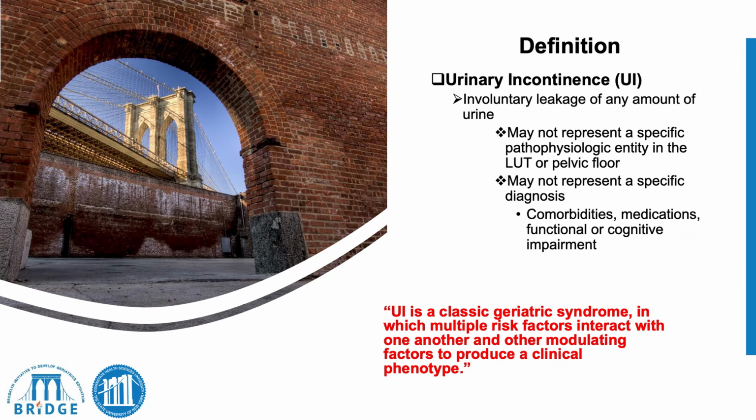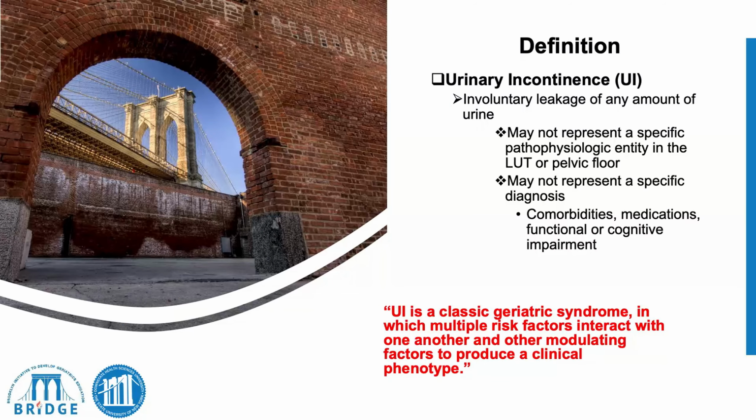Compare this to urinary incontinence in a younger adult. In a younger adult, urinary incontinence is linked or caused by a specific pathophysiologic problem, or it may be caused by some sort of damage to the lower urinary tract or the pelvic floor. That's not the case in an older adult.